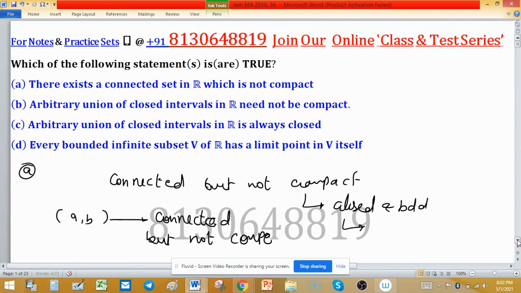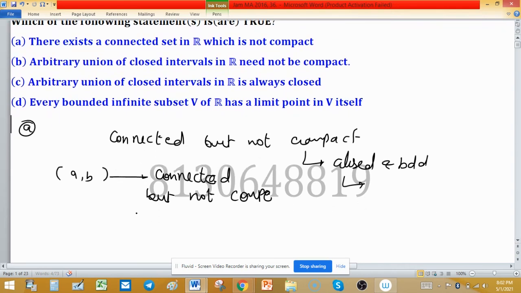Now come to option B. Arbitrary union of closed intervals in R need not be compact, and option C says arbitrary union of closed intervals in R is always closed. So suppose this is the closed interval 1 by n to 1, or you can take any point here.